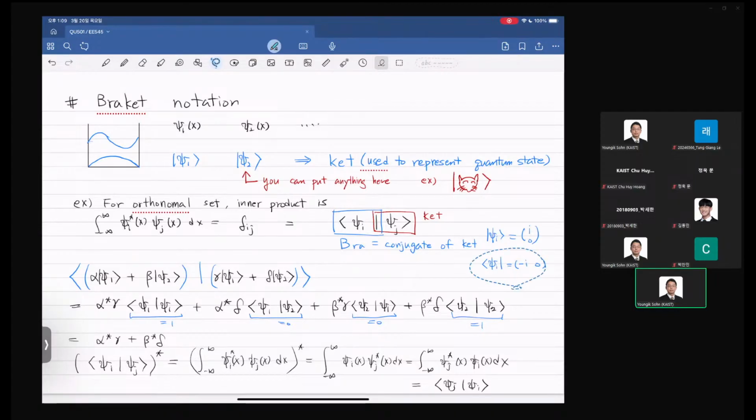If you change the ket to a bra, you make it a row matrix. It's a complex transpose, right? You transpose it and at the same time take the complex conjugate of the original numbers. That's the rule. And then we just learn how this rule works for a while, okay?